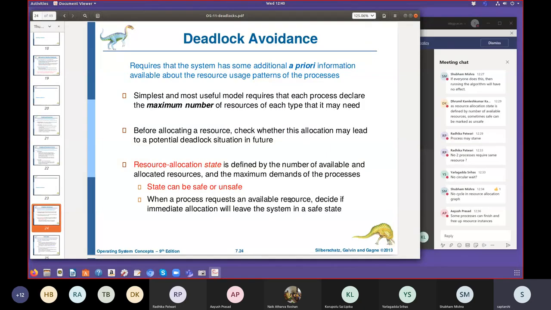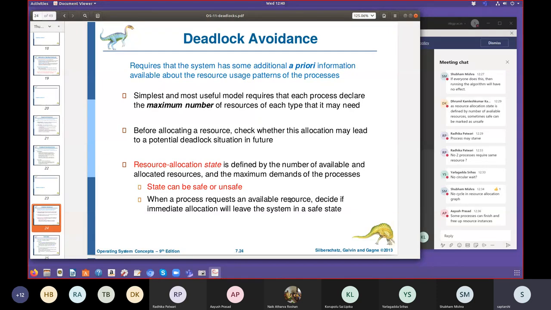Let me repeat, even if at this current point of time no resource is free, all resources are allocated, even then, if there is such a sequence as I just described, then the system is in a safe state. Do you agree, or do you have any questions or doubts?